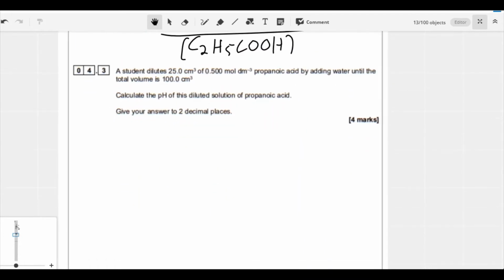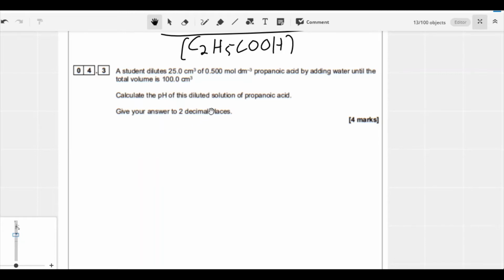Okay, next, a student dilutes 25 centimeter cube of 0.500 mole per decimeter cube propanoic acid by adding water until the total volume is 100 centimeter cube. Calculate the pH of this dilute solution of propanoic acid. Give your answer in 2 decimal places.